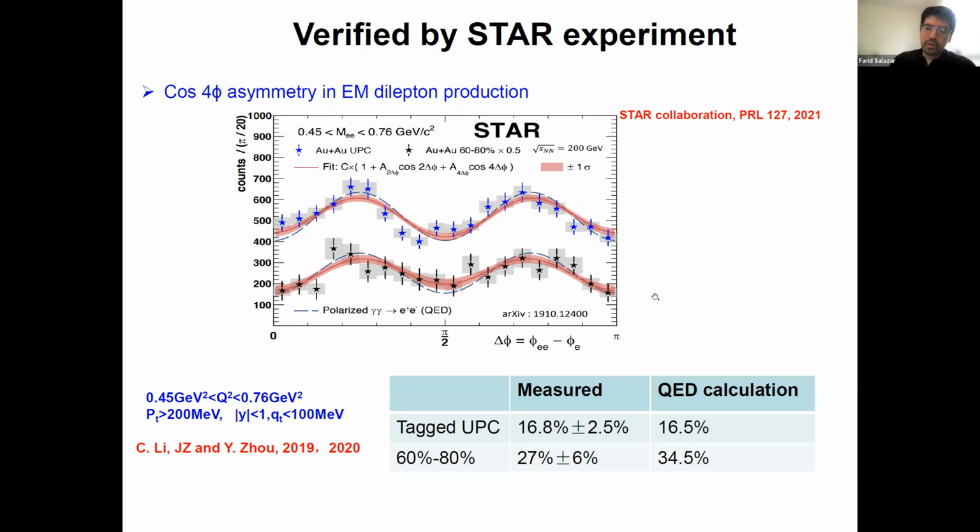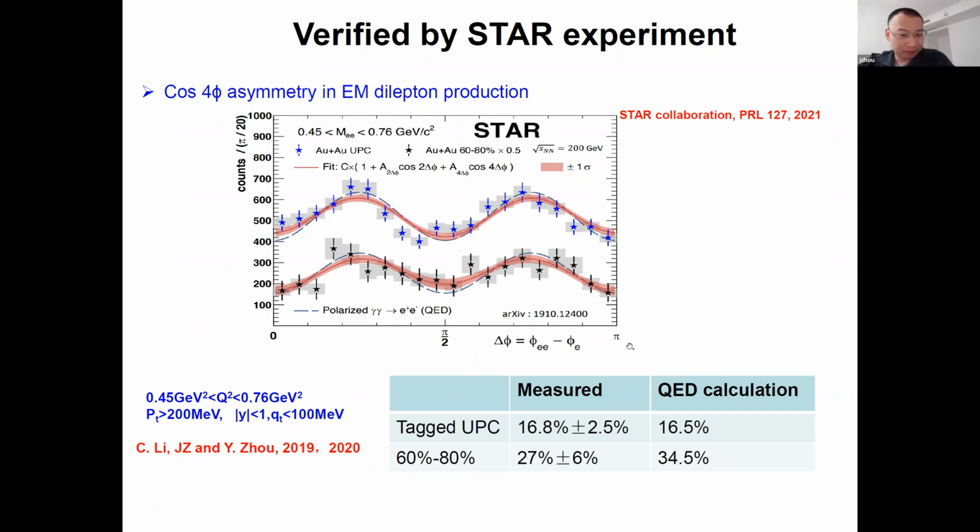So where does the cosine 4-phi come from? Okay, keep this in mind. I will mention this later. I will come back to this.